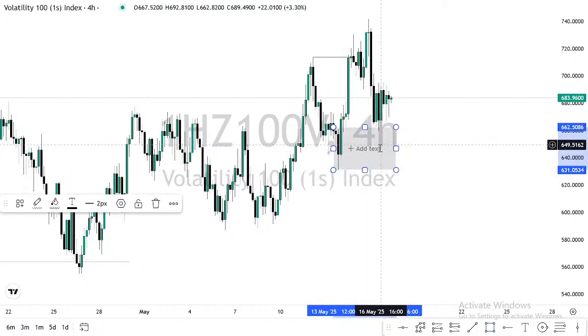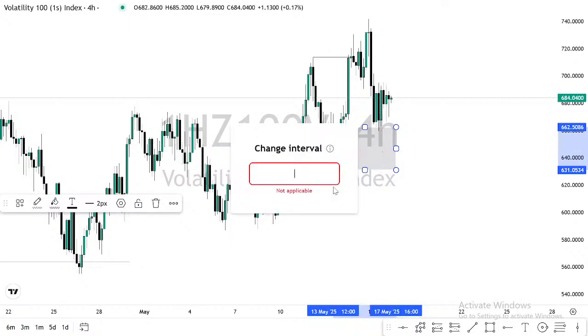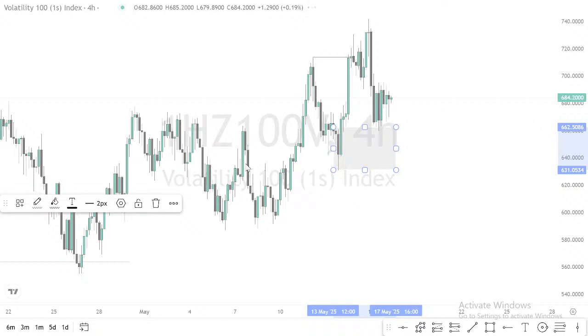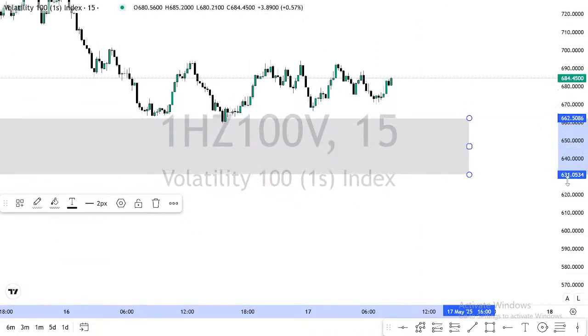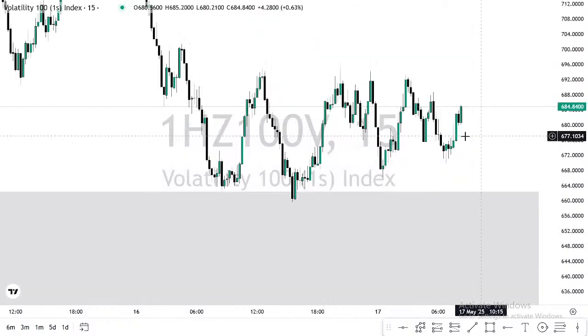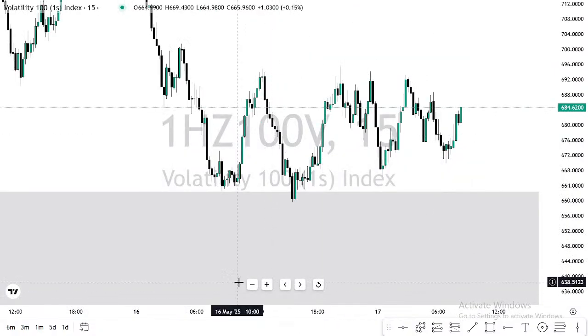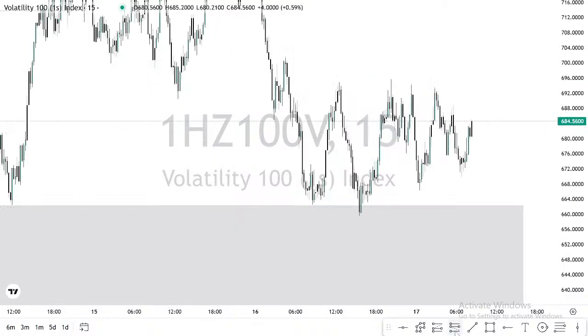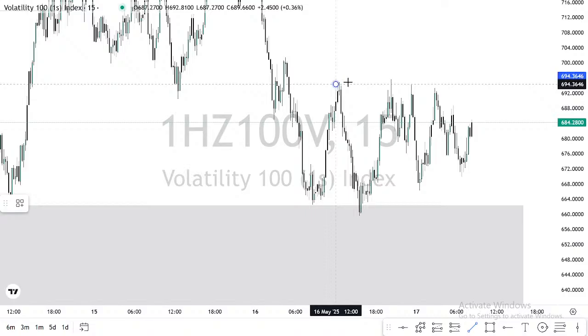So 15-minute time frame. Okay. So this is 15-minute time frame. Then have we broken this high? Not yet. Not yet.